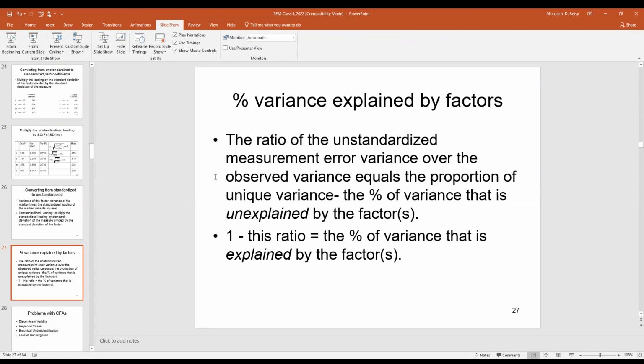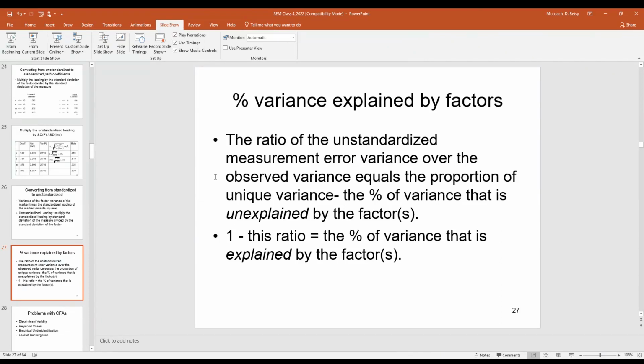That would mean that out of the total variance of 4, 2 is not explained by the factors. So I take 2 divided by 4, and that means 50% of the variance in that indicator is not explained by the factors.